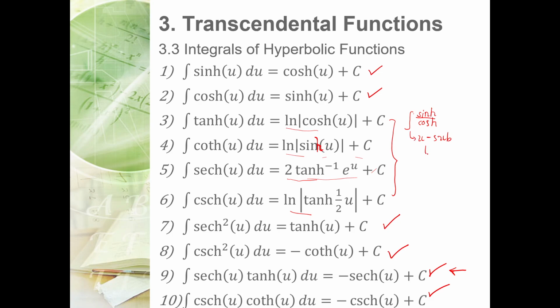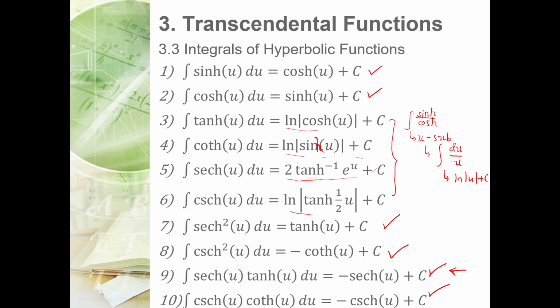What happens is you reach an integral of du all over u. That's why the answer is ln u plus c. So you don't have to memorize the formulas for 3 to 6. You can just manipulate it using your basic u sub technique.